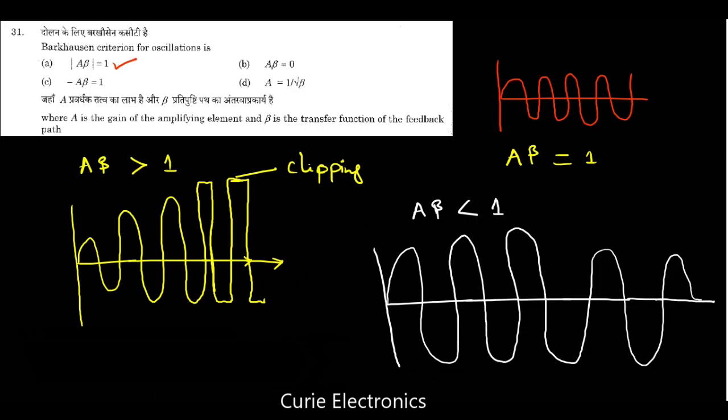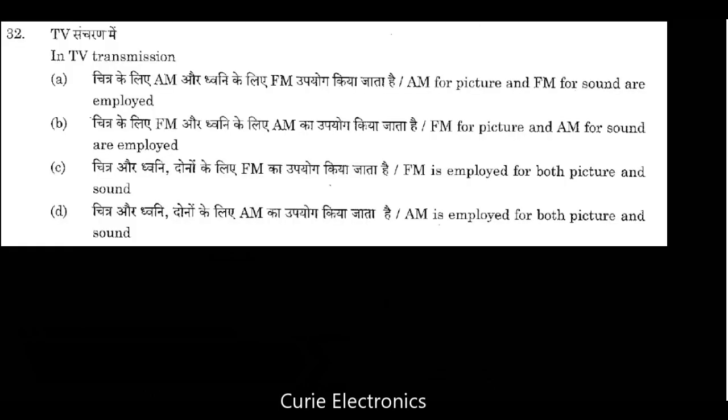The amplitude decreases and the oscillation dies down if the feedback factor multiplied by the gain is less than 1. So the right answer for proper oscillation is A beta equal to 1.